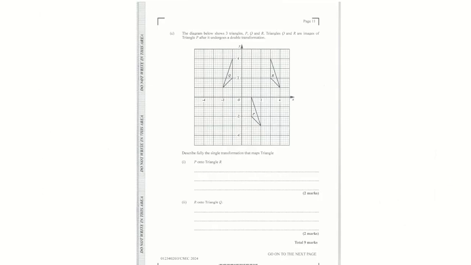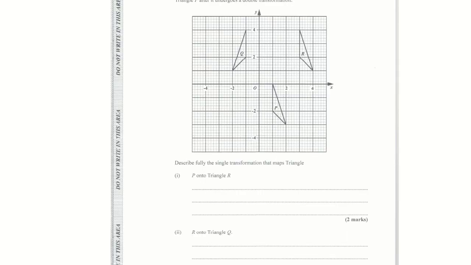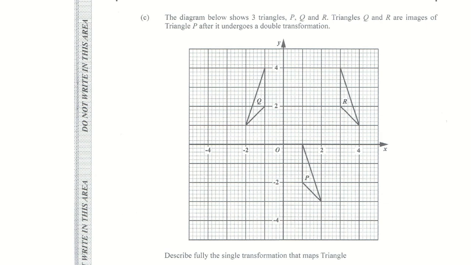Okay, so let's read this question and see what we could think about. The diagram below shows three triangles, P, Q, and R. Triangle Q and R are images of triangle P after it undergoes a double transformation.